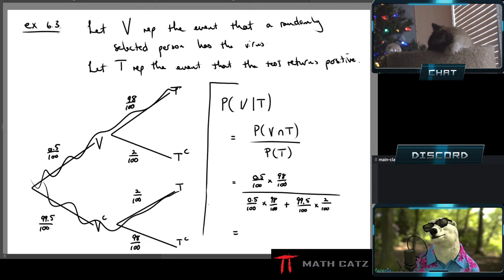So first bracket here is 0.5 divided by 100 times 98 divided by 100, and then divided by the whole denominator that I'll put in a bracket. I'm pretending you're doing this with me. 0.5 divided by 100 times 98 divided by 100 plus 99.5 divided by 100 times 2 divided by 100.